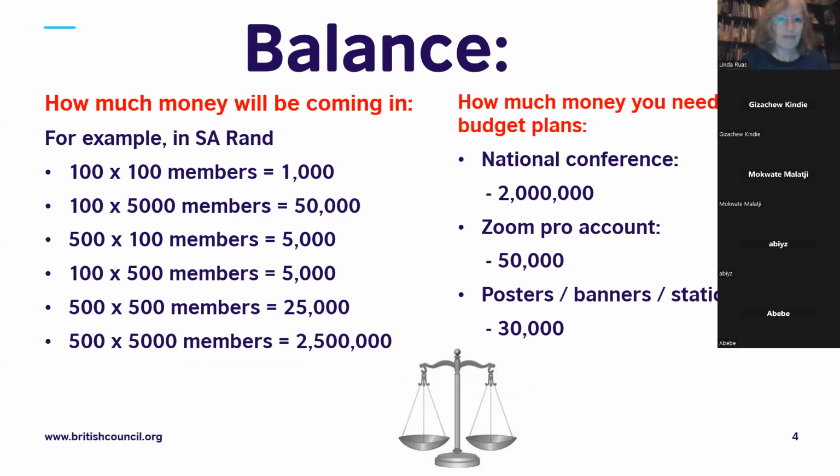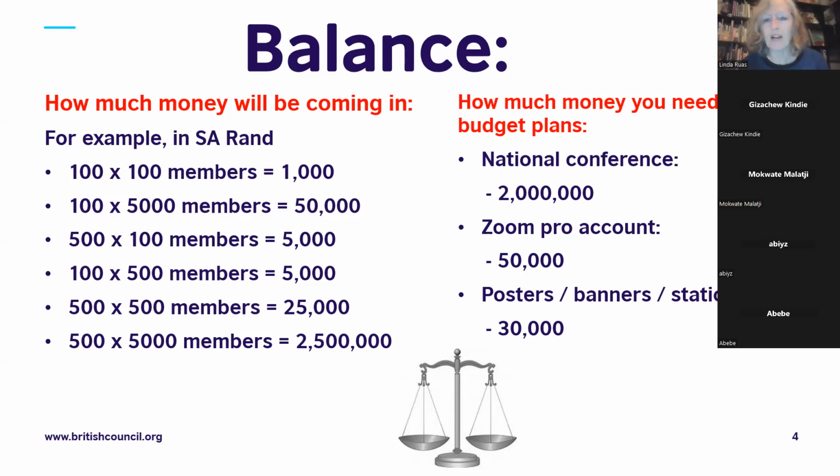For example, if they're paying 100 each, and there's only 10 members, you only get 1,000. If they're paying 100 each and you've got 5,000 members, you get 500,000. So this is the balance, isn't it? 500 each and 5,000 members, you get 2,500,000. So this maths is going to show you how much money you're going to get.